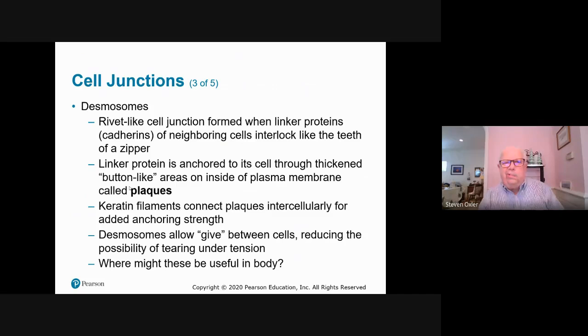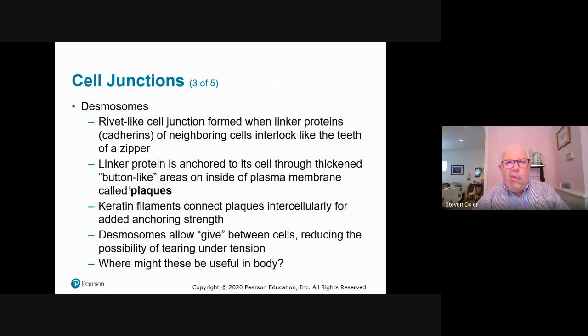Desmosomes. Desmosomes are basically zipper-like junctions that look like a zipper. They have interlocking teeth. Basically, this junction is in between cells, but allows the cells to give a little bit, to allow stretching.